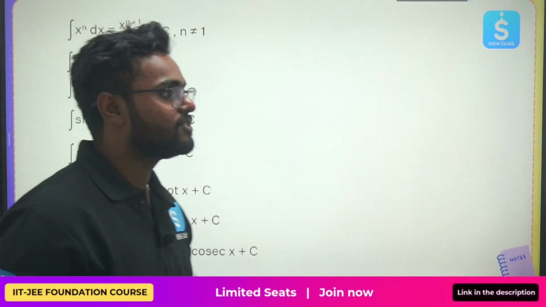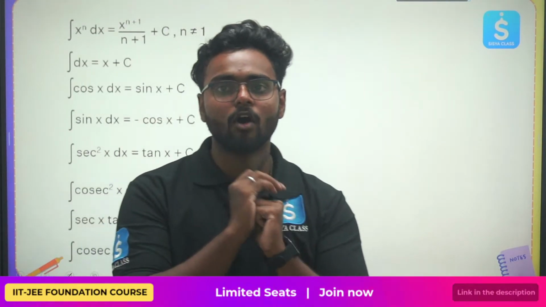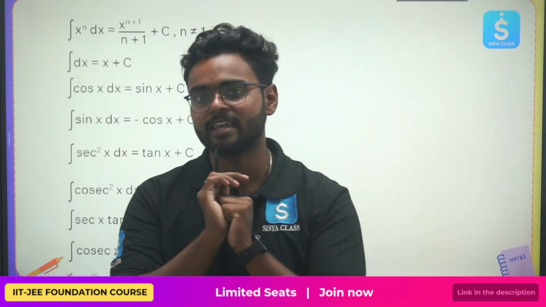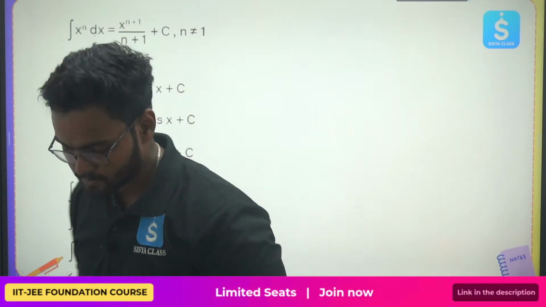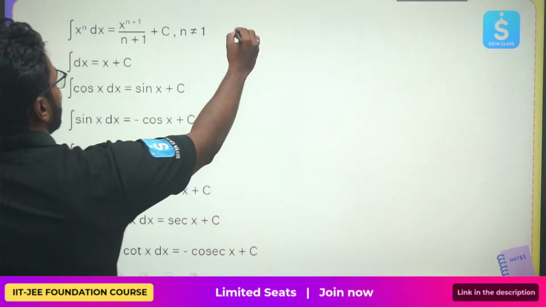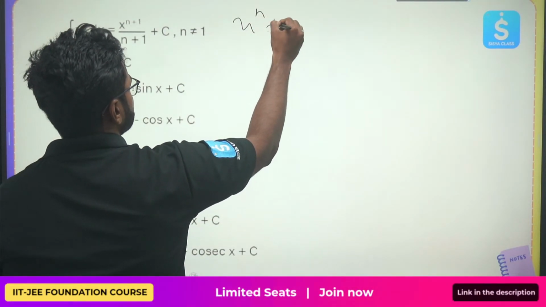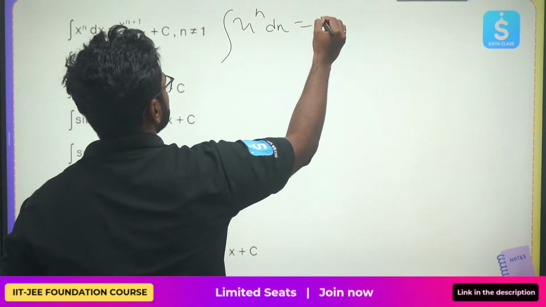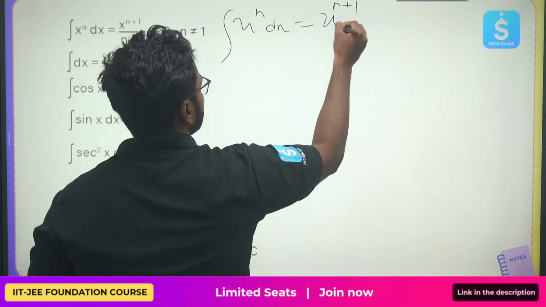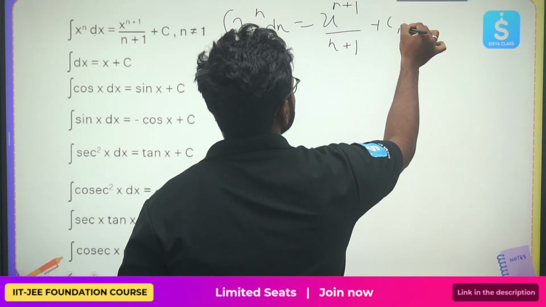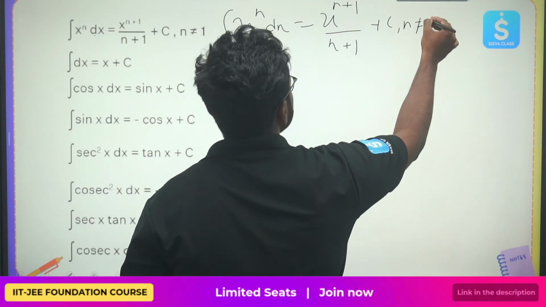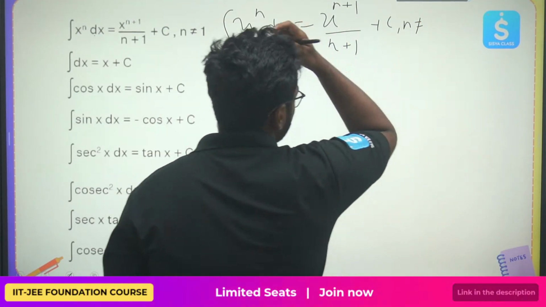Now, these are some of the basic functions, basic formulas we'll be learning in this chapter of integration. The first formula is the integral of x power n dx. It states that the integral of x power n dx is equal to x power n plus 1 by n plus 1, plus c, where n is not equal to minus 1, because for n equal to minus 1 it will be undefined, right?